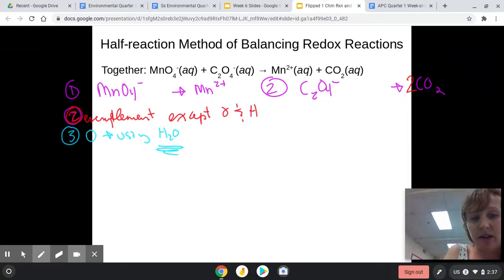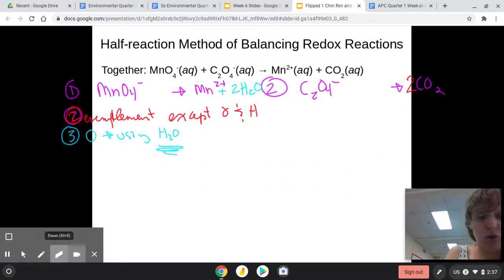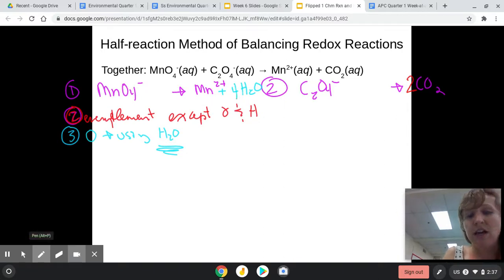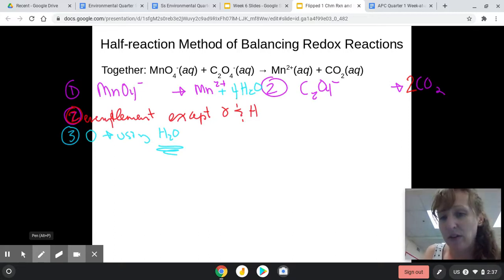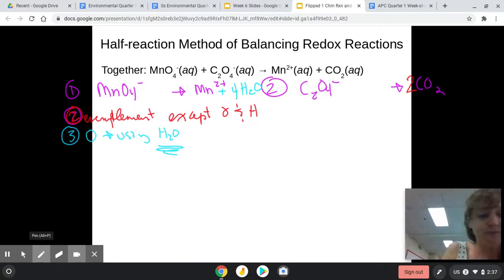I need 4 on the other side. So I'm going to add H2O, and I need 2 of it, so I get 4, not 2. I'm going to add 4 of them, so I have 4 oxygens on one side, 4 oxygens on the other side. Okay, now in my other half of the reaction, I have 4 oxygens on one side and 4 on the other, so I actually don't need to add water to that one.